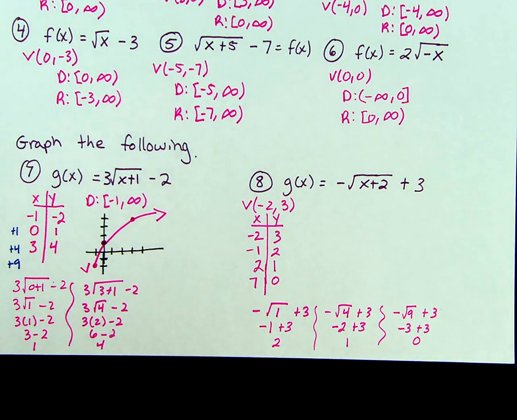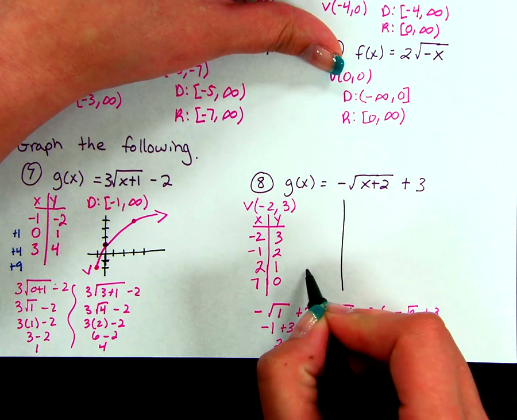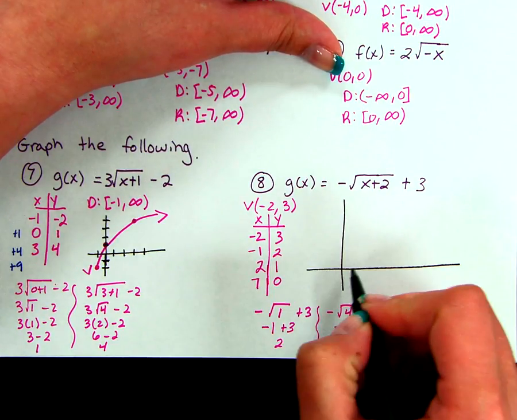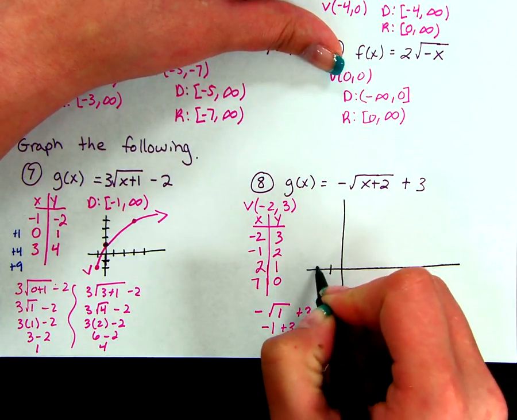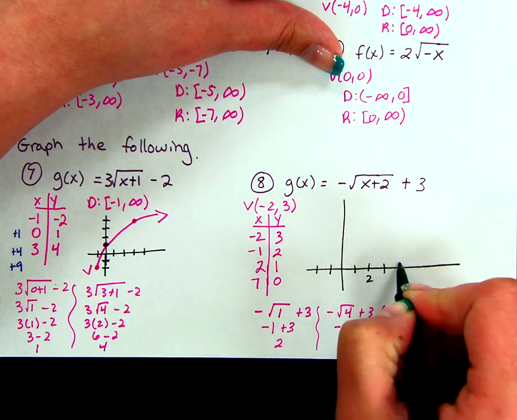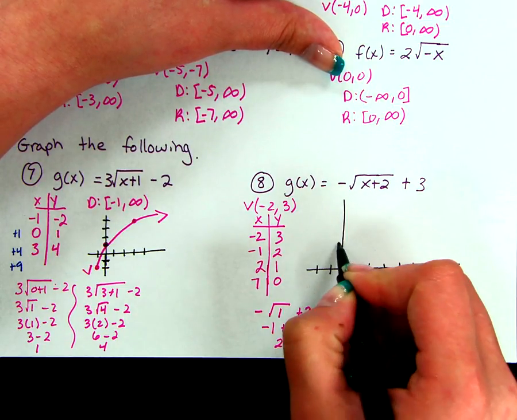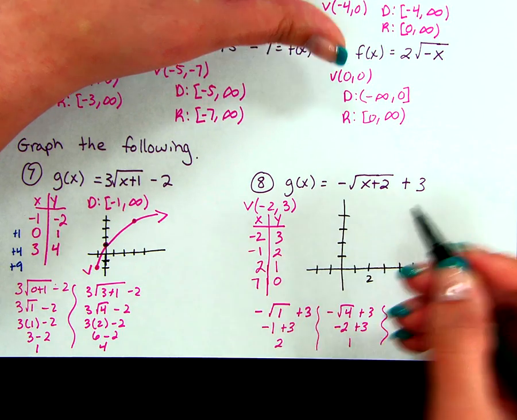And again, if you have graph paper, I would definitely encourage you to use that. So let me get my graph going here. All right, so negative 1, 2, 1, 2, 3, 4, 5, 6, 7. And we have 1, 2, 3, 4.